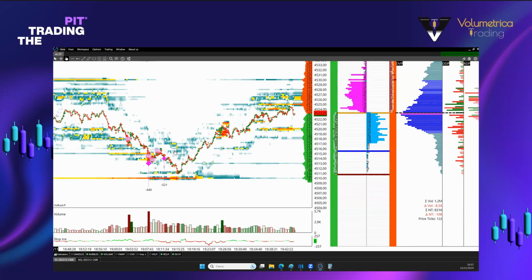We need to see, like in this case, that's very clear. We have lots of red bubbles hitting and eating this liquidity. It's not that much of liquidity, but according to the area, it is important. That's a relevant one.